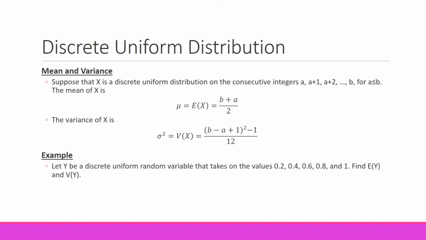Well, one thing to notice is, again, going back to the definition for mean and variance, we can only use these formulas if our discrete uniform random variable is defined over integers, a, a plus 1, a plus 2, so on up to b. For y, it's not defined that way. It's defined at 0.2, 0.4, 0.6, 0.8, and 1. So we want to find the expected value of y and the variance of y.